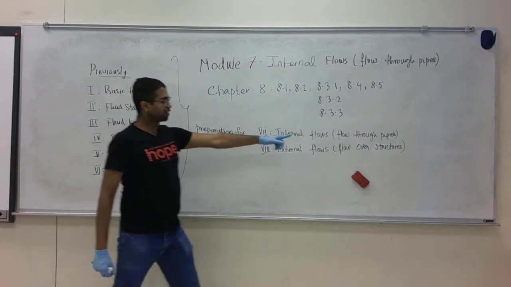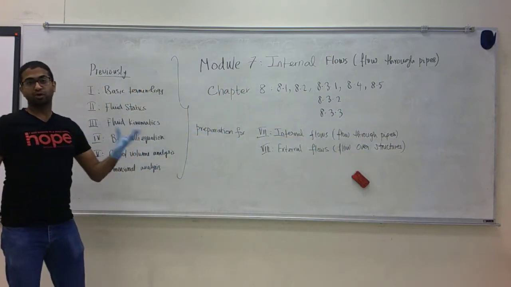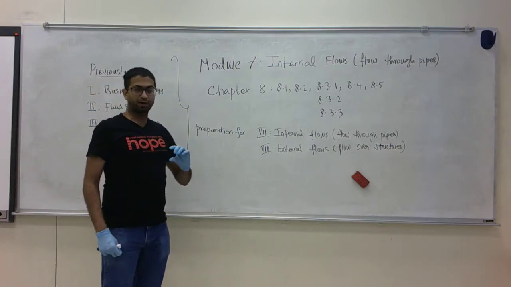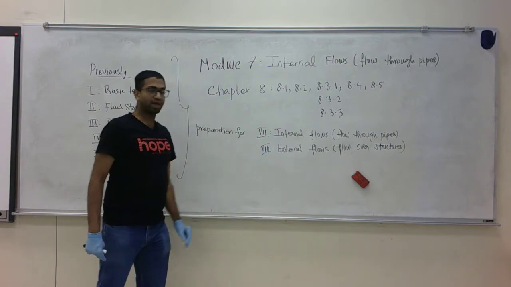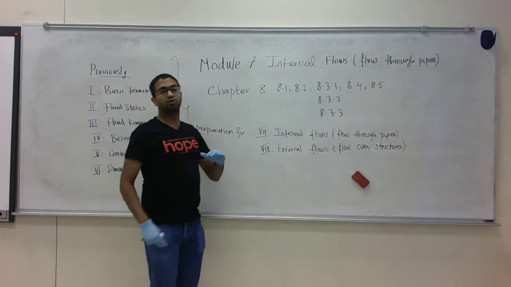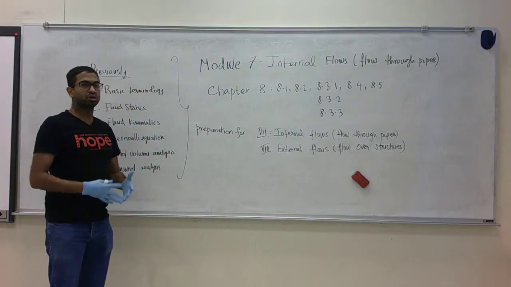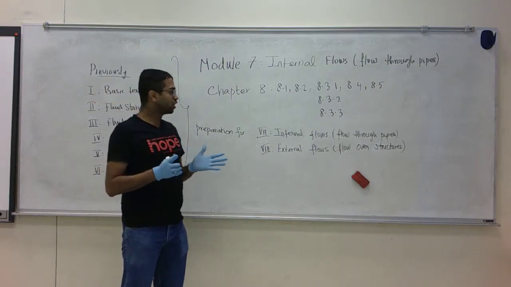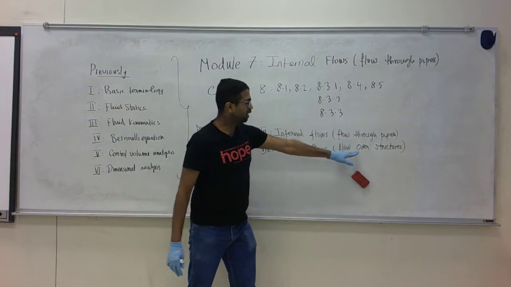Internal flows is another way of saying flow through pipes, where we are going to think about water flowing through a pipe, or oil or blood flowing through different types of pipes or conduits. And then later in the next unit, we are going to talk about external flows, which could be flow over a sphere, flow over a cylinder, flow over a telephone post, or flow over a car, flow over an aeroplane, anything that flows over a structure. So the key words are through and over.